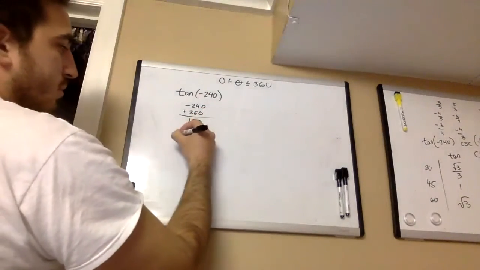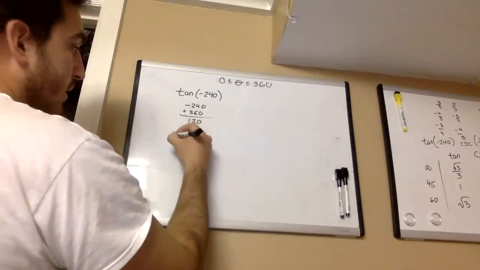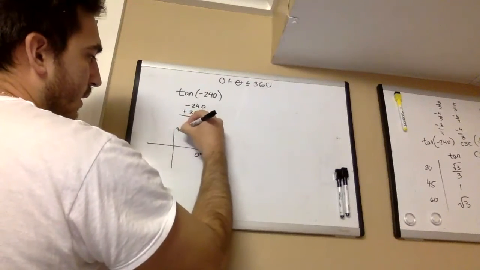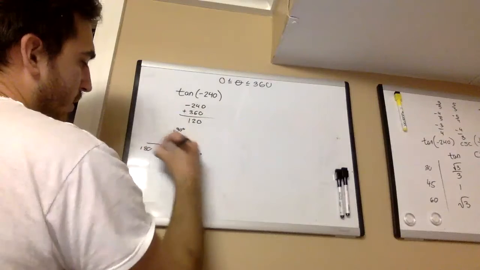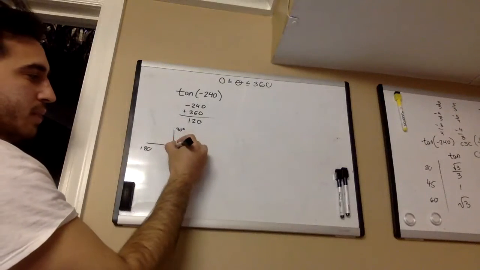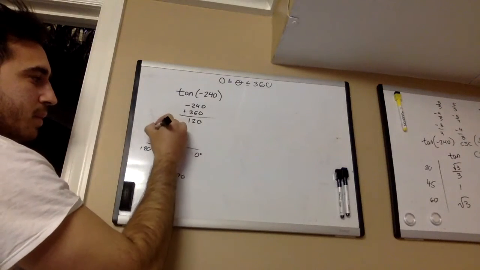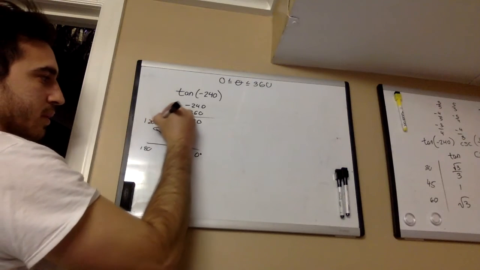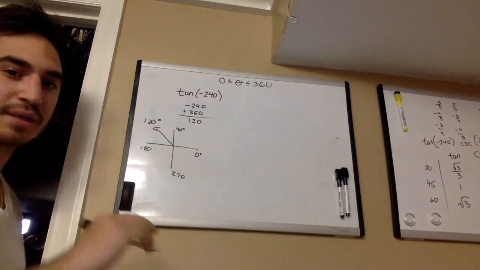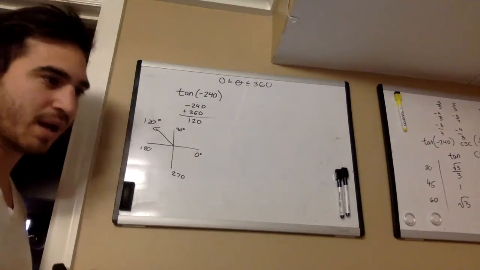You don't have to do this, but I personally like to do it. I'm just going to sketch to show you guys. So you have 90, 180, 270. And I can stop right there because 120 is going to be in here. So this is 120 degrees. After that, it is closest to 180 because remember, we want to get close to the x-axis, not the y, the x.